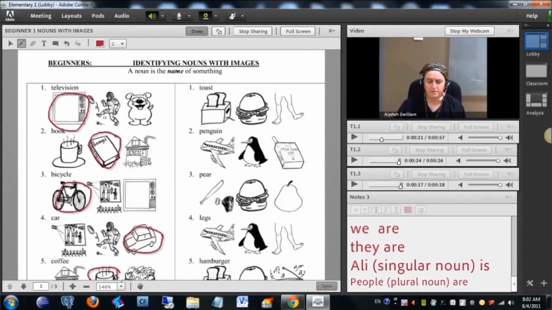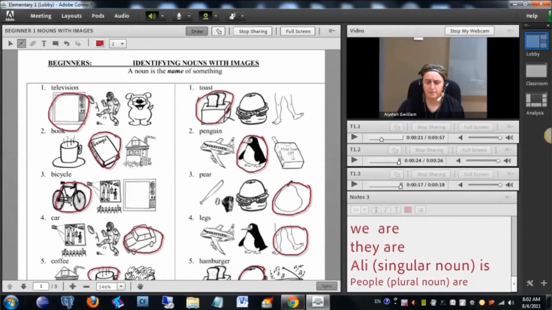Okay, let's look up here. Number 1, toast. This is toast. Number 2, penguin. This is a penguin. Number 3, pear. This is a pear. Number 4, legs. These are legs. Number 5, hamburger. This is a hamburger.